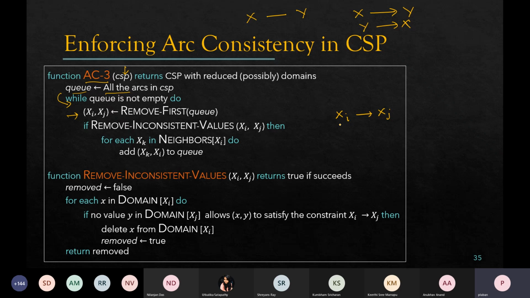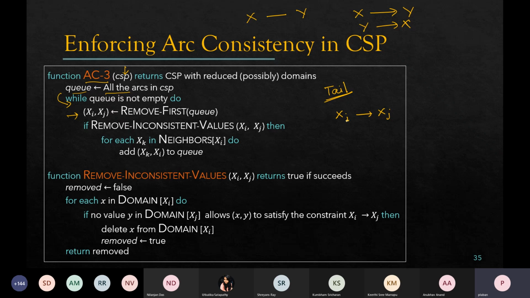And if this is not consistent, we have to remove some values, right? And from where we will be removing the value? From xi or xj. Can anybody tell from where we should be removing the values? From xi. Exactly. So this is one thing you need to remember, that we need to always remove from the tail, right?